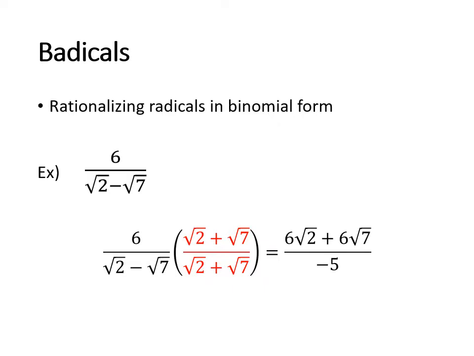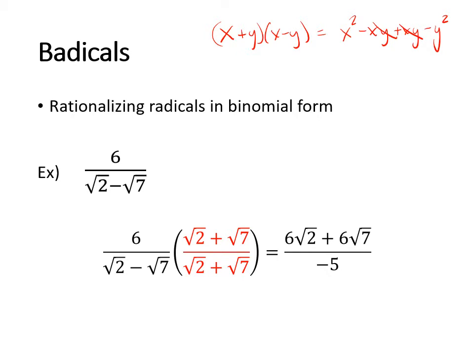Well, now there would be no radicals. So what I'm saying is if we had x plus y times x minus y, these are called conjugates of each other, and when you multiply them out, you end up canceling out the middle terms, and you're left with just the squared parts, just the difference of squares.